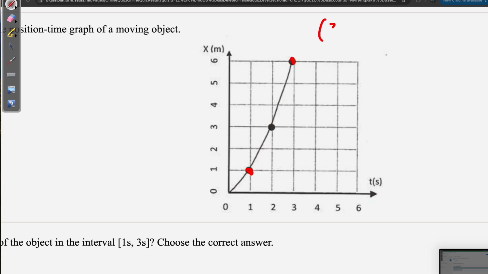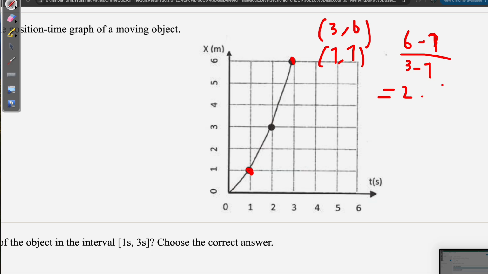So let's take (3, 6) when t is 3 and (1, 1) when t is 1. So we're gonna do 6 minus 1 over 3 minus 1, which is 5 over 2, which is 2.5 meters per second.